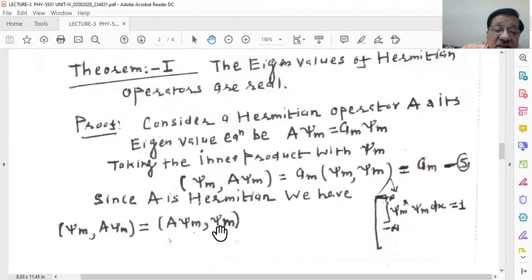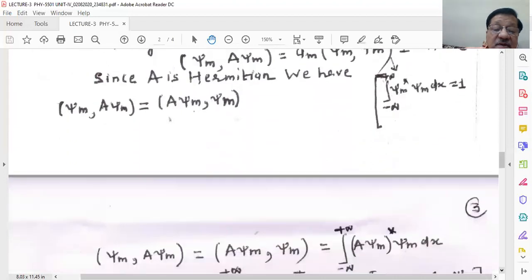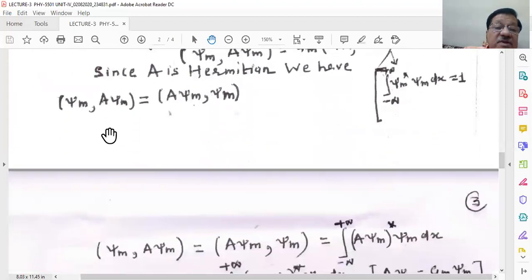So now let us use this equation. You please remember this equation. Now I proceed using this equation. If you go to the next page, the same equation, I write psi m A psi m, this is A psi m psi m. So you see I write A here.